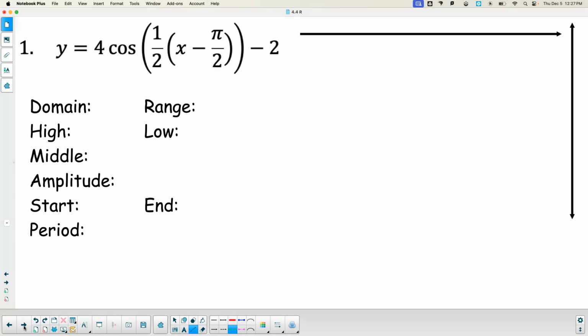We only know one of our pieces of nine on this one. What is the one piece that we know? We know the domain is all real numbers. That's always going to be the same as long as we're in sines and cosines. Middle, -2.